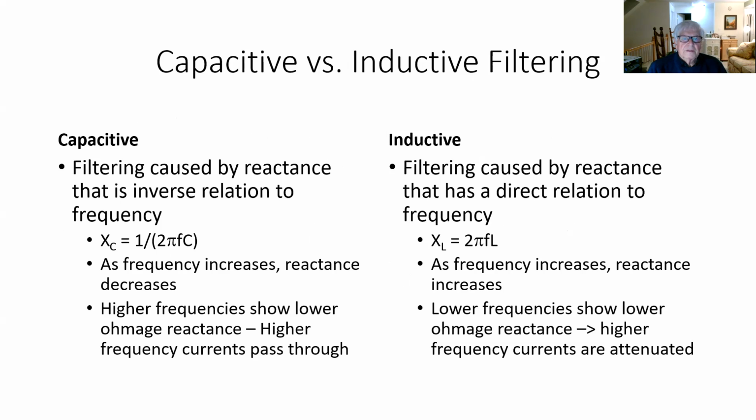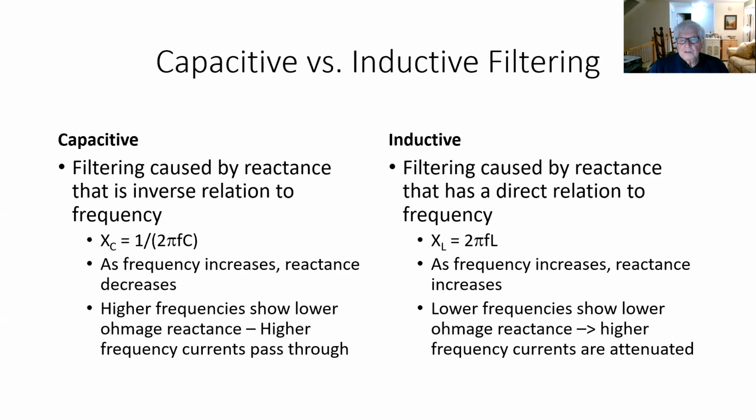So looking at the difference between capacitive and inductive filtering, capacitive filtering is caused by the reactance, which has an inverse relationship to the frequency. So as the frequency increases, the reactance decreases so that you can pass higher frequencies. So higher frequencies show lower ohmage reactance, therefore higher frequency current passes through it.